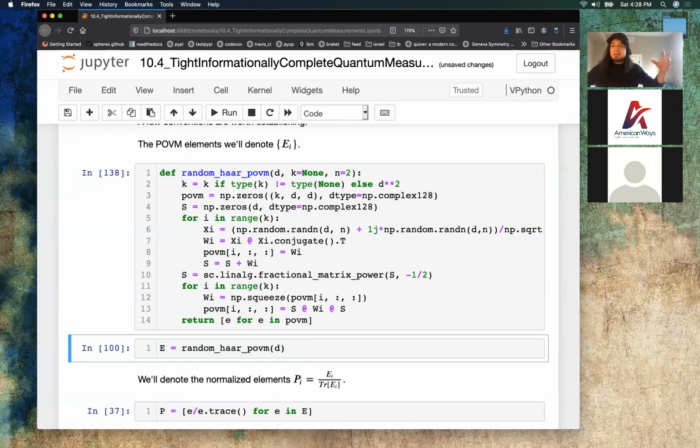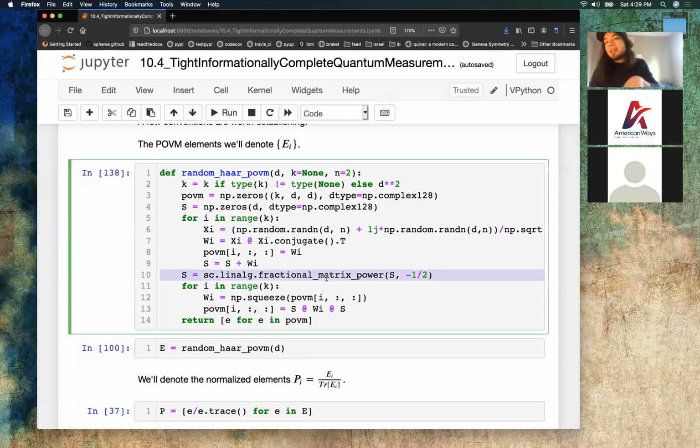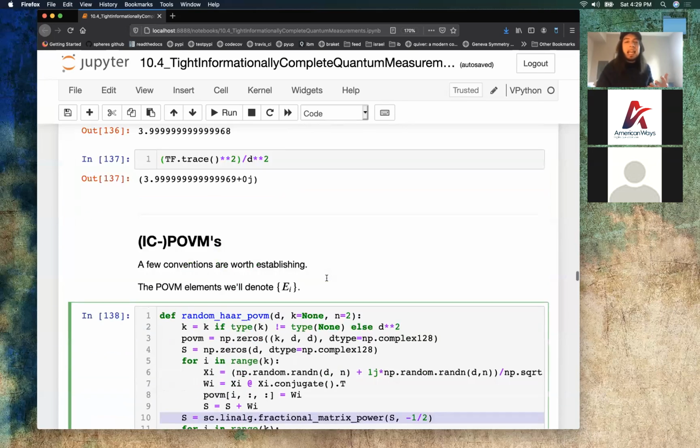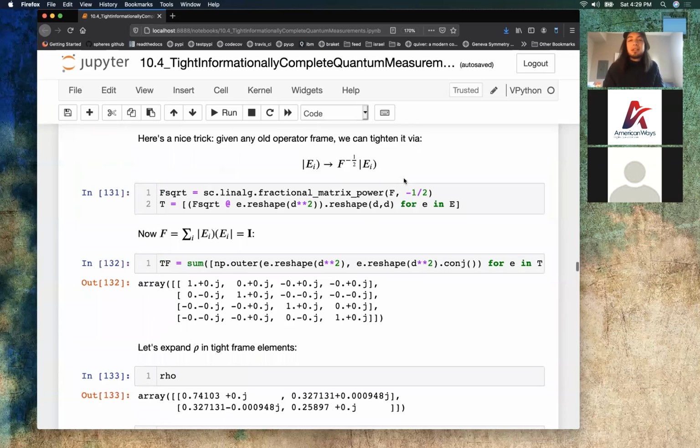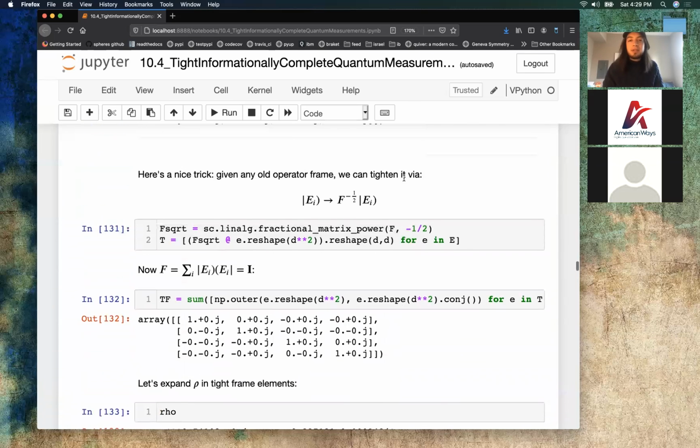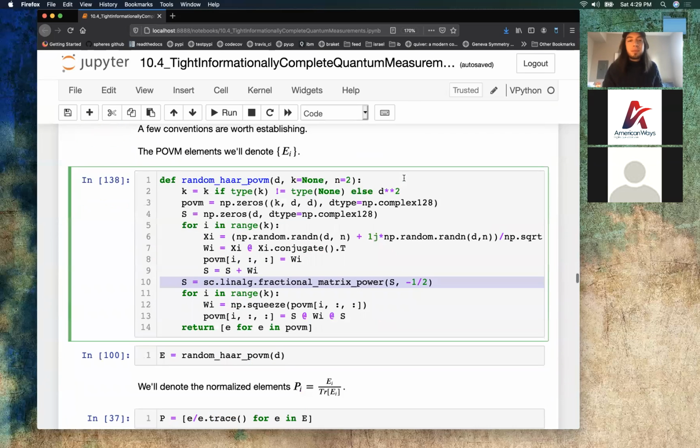You have to sum to the identity, but you might have to multiply them by different numbers. I talked about this algorithm in another meetup, but ultimately, morally, it's doing the same thing that we did when we got a tight operator frame.